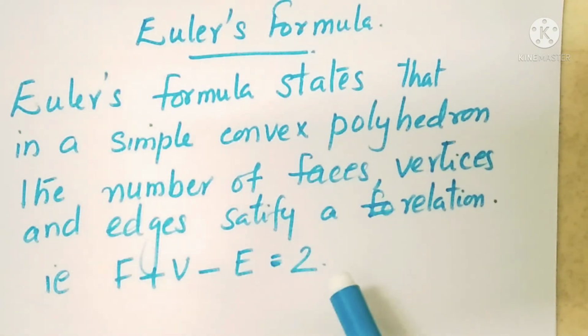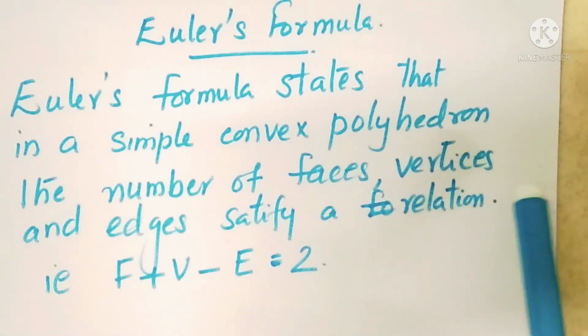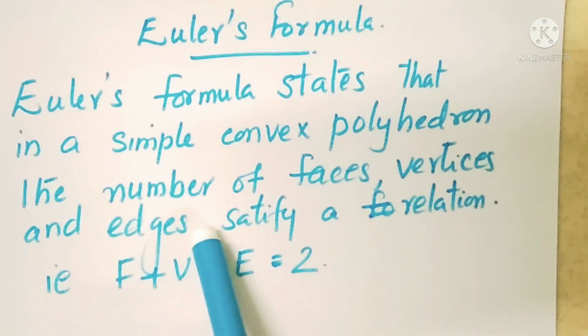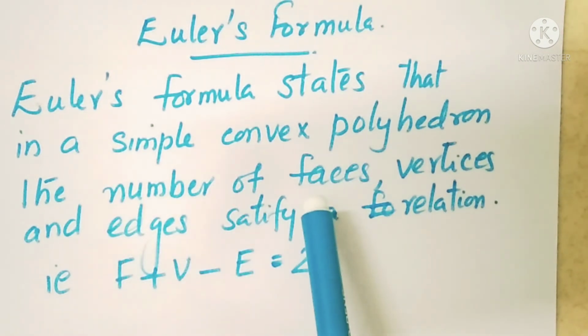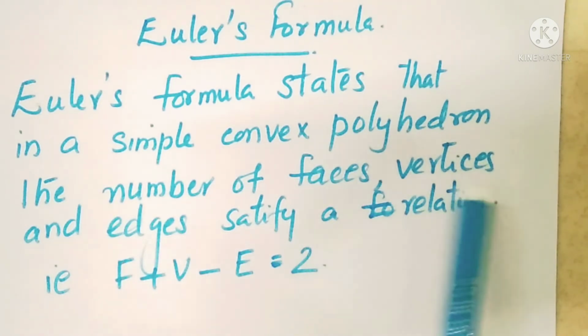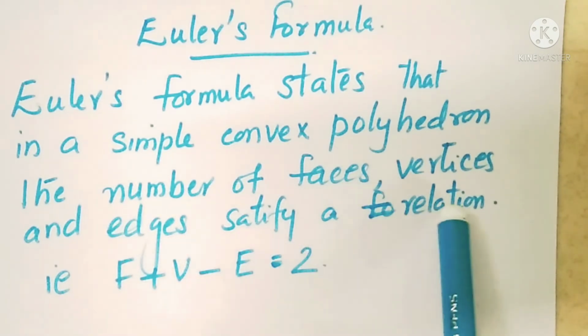He found out a relation between the number of faces, vertices and edges. He stated that if you take any simple convex polyhedron and count the number of faces, vertices and edges, they satisfy a relation.